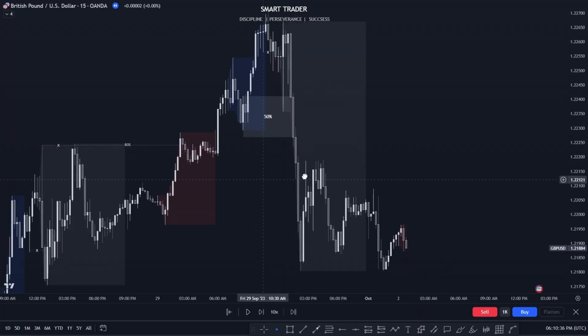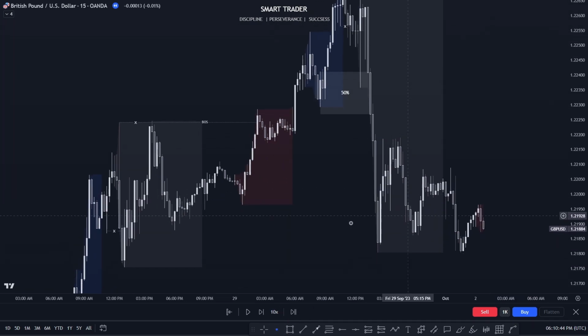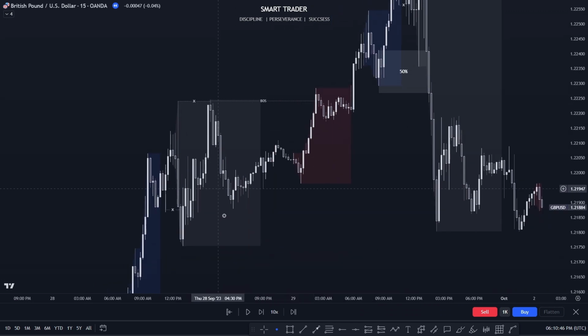So after breaking the decisional order block, you also have to identify your extreme order block. It is very important to identify your extreme order block, so you always have to start from the bottom to the top. This is our last lower high in this bullish trend right here.